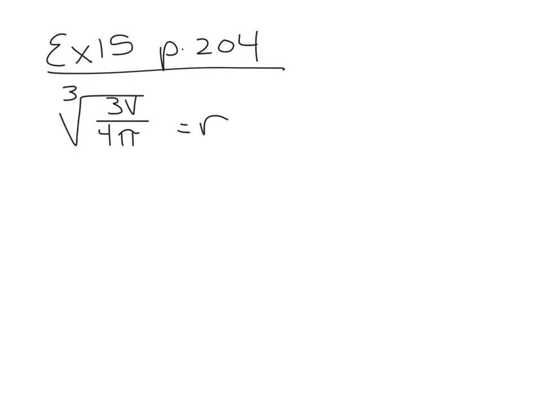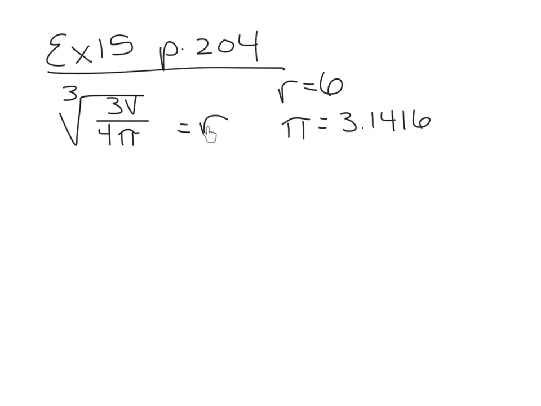The radius of a certain sphere is 6 centimeters. Use the given formula to find the volume of the sphere. And again, for pi, we're going to use 3.1416. So this is the same type of question. It's just a cubed root instead of a square root.